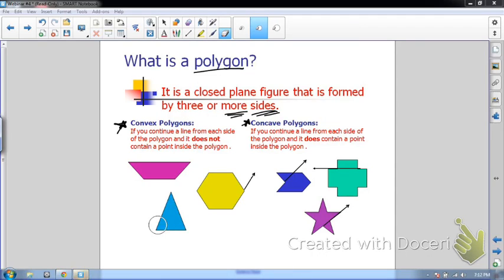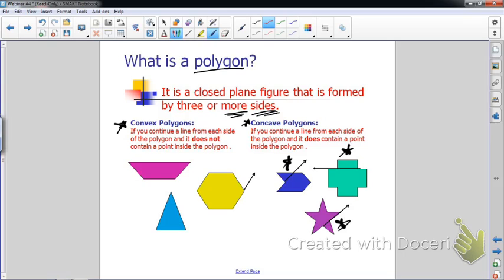Concave, though, if you were to look at these types of examples, this one here, or this one here, if you were to draw a line from any given side, you see that it actually does hit a certain point, doesn't matter which one, inside that figure itself. So this is something that you're definitely going to see in your final.